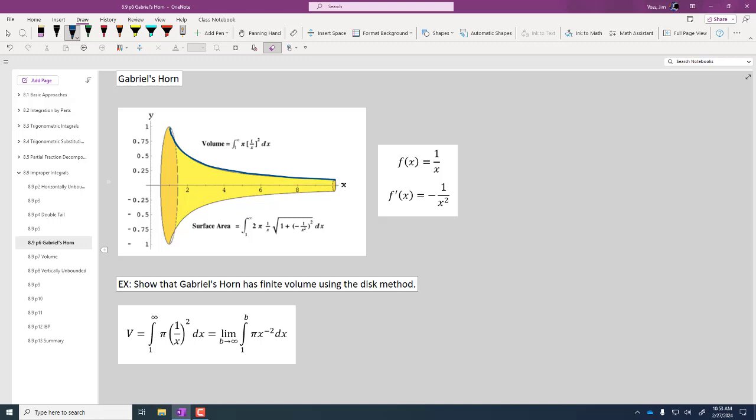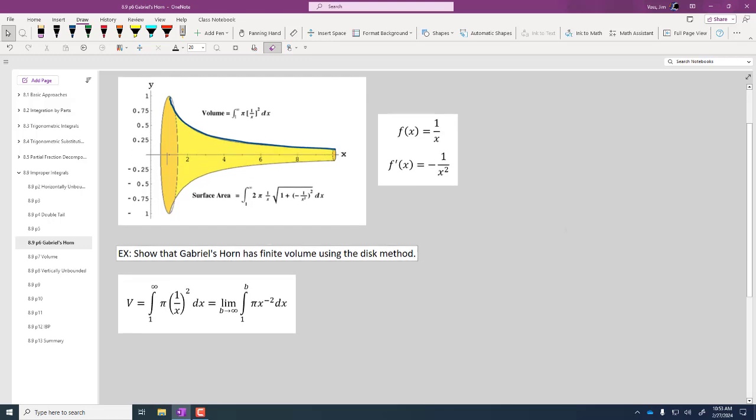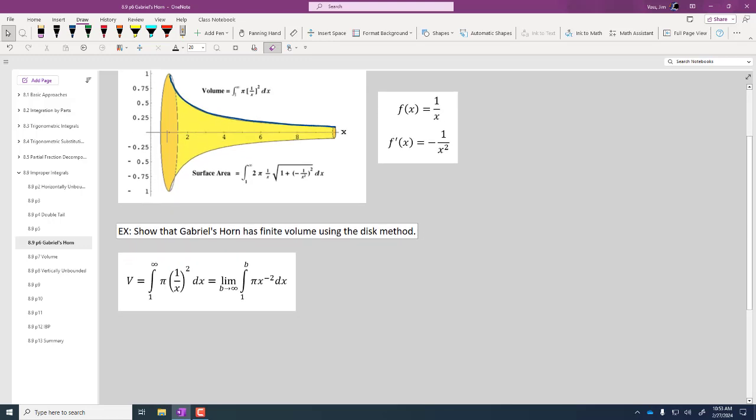So let's do the math on that part first. The volume part is the part I want to focus on first. Surface area we'll get to in a minute. Surface area is a little sneaky. The volume, though, we are going to use the disk method. So if we think about drawing a vertical element right there, that's going to create a disk, and that disk has area pi r squared.